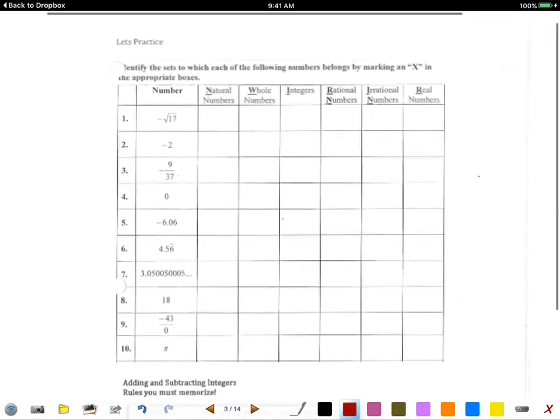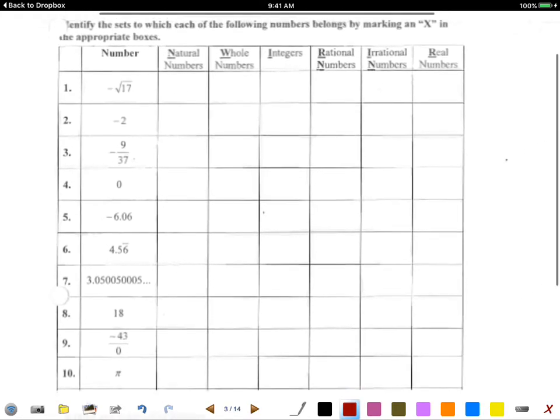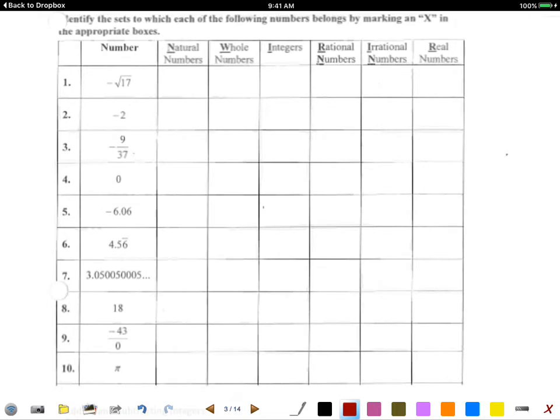All right, so now we're going to do a practice together and classify these numbers. It's kind of hard to see up on the board, but you have it right in front of you. I would prefer to look at it each column at a time instead of going horizontally. I'd rather go vertically.